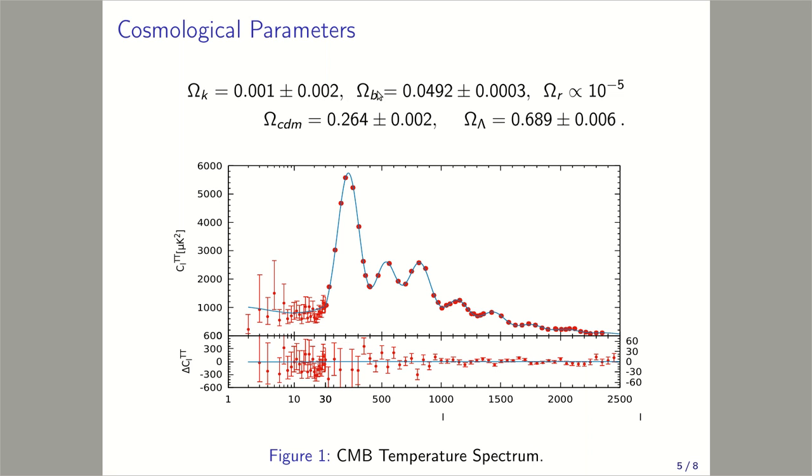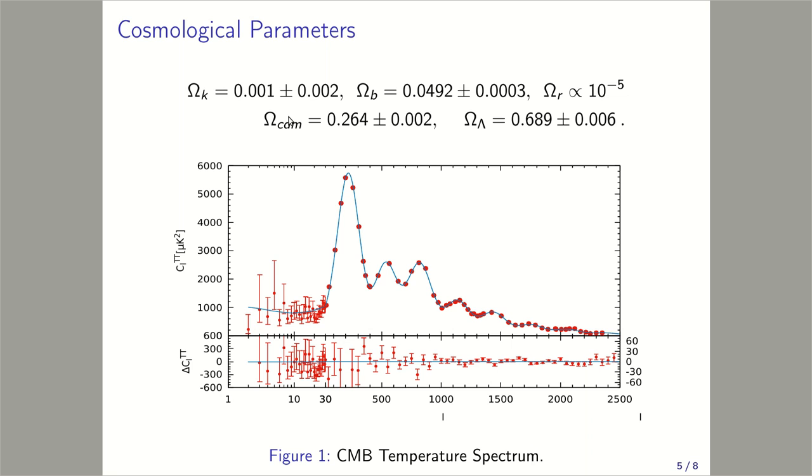Then we have that ordinary matter is only 5% of the universe. Then we have that radiation has a very small contribution in the universe. Then we have cold dark matter, which is around 26%. And then, as we saw in equation 4, the sum of the density parameters of matter content and curvature has to be 1. But we don't get that if we add all these terms. So where is the rest?